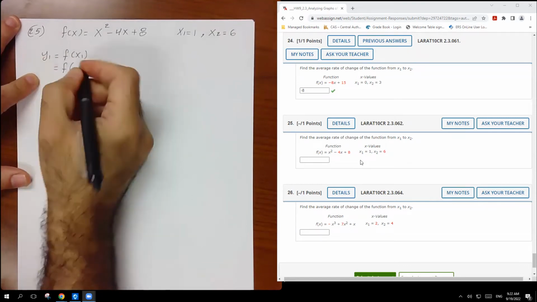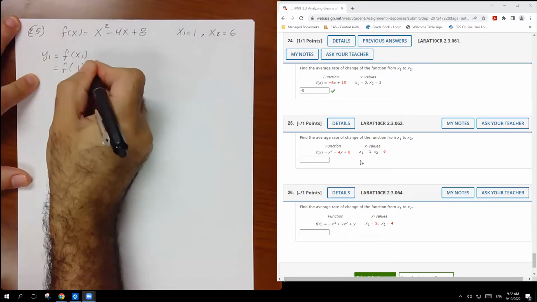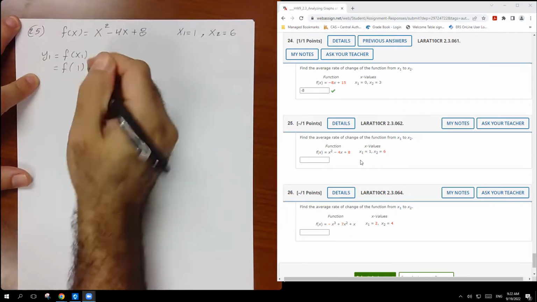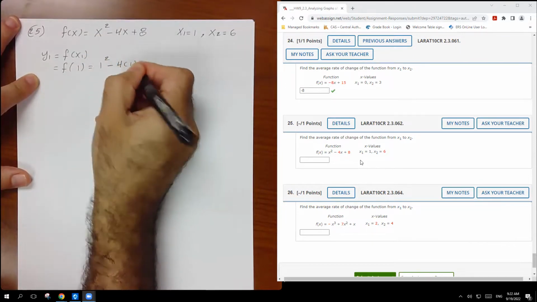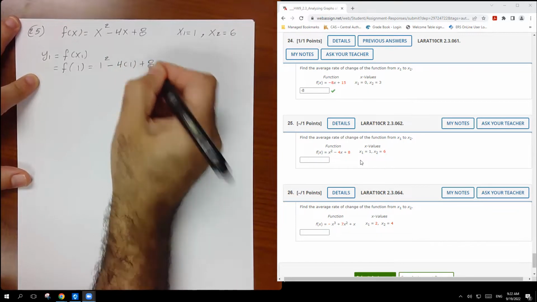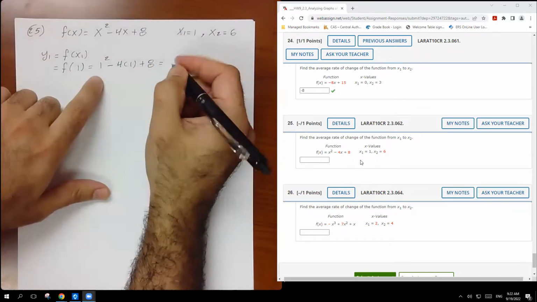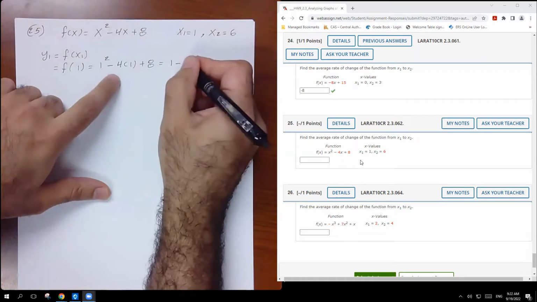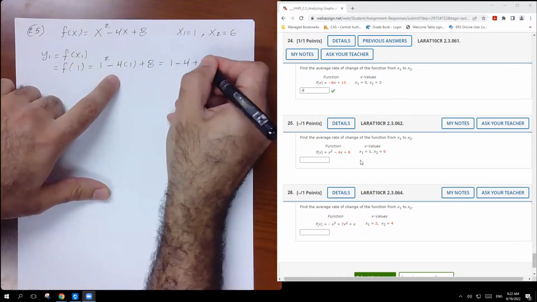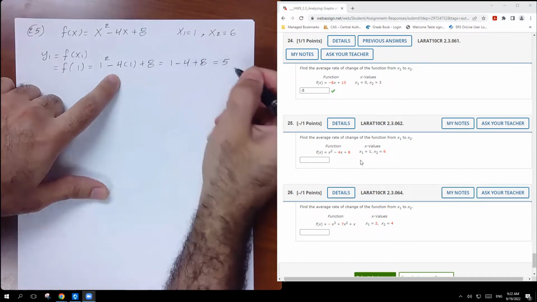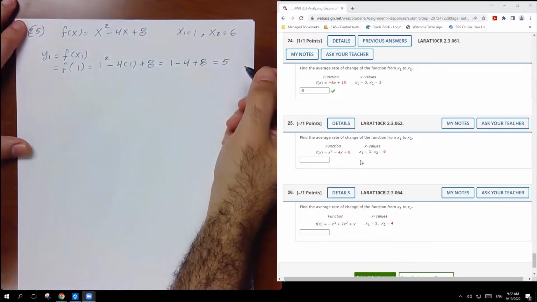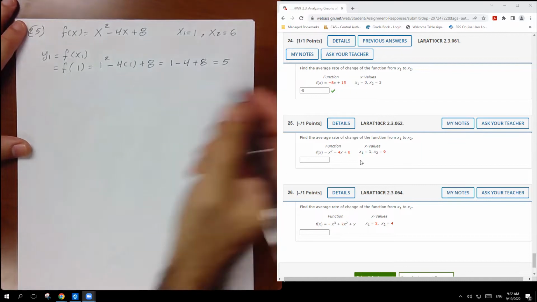So I'm going to plug in 1 here. It's going to be 1 squared minus 4 times 1 plus 8, which is 1 minus 4 plus 8. So it's going to be 9 minus 4, that means 5. This is f of x1.